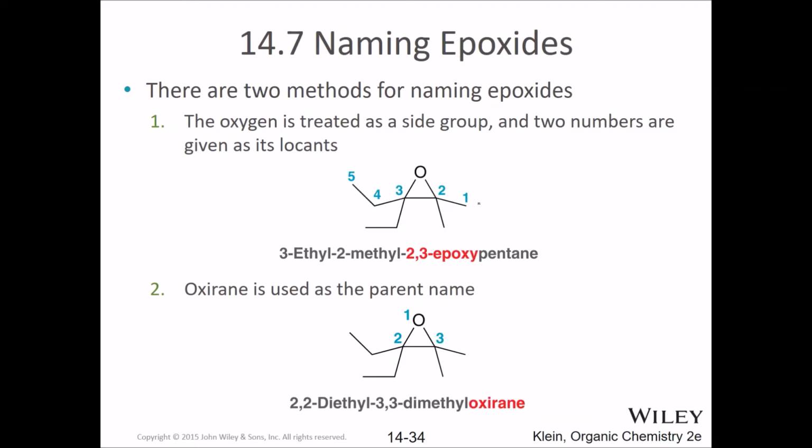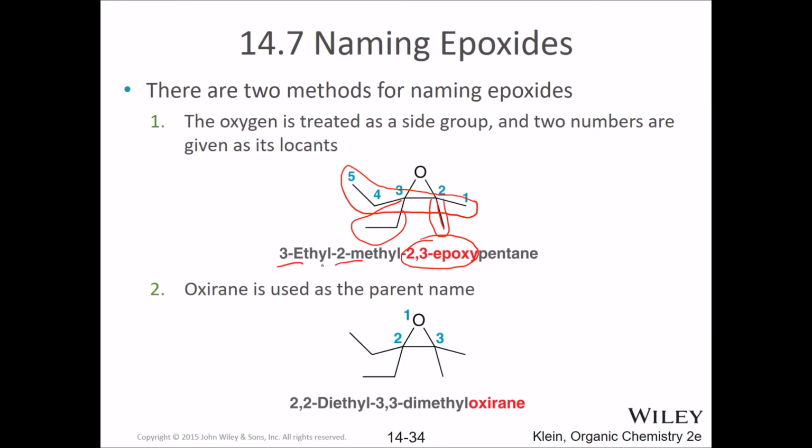The first method is to find the longest continuous carbon chain and consider the epoxide as a substituent. So you have 1, 2, 3, 4, 5, and your epoxide is right here. So you have to say 2,3-epoxy. Can you see that? 2,3-epoxy is the substituent. There's also a methyl group and an ethyl group. The ethyl group is on the 3, and the methyl group is on the 2.